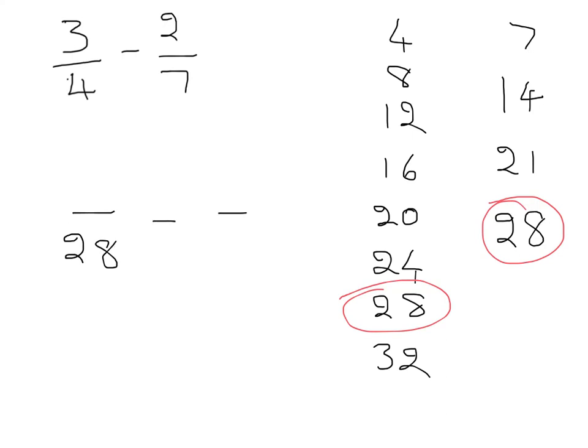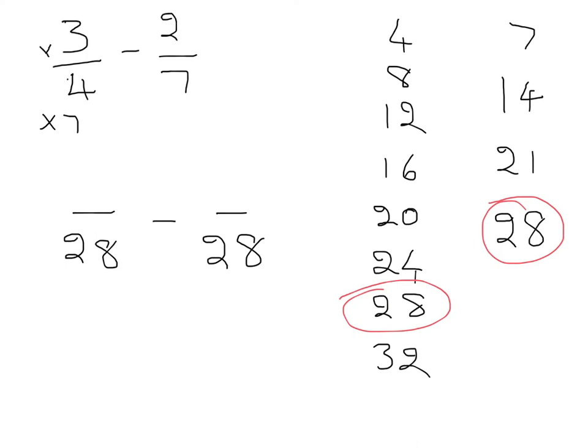Now we need to change our top numbers. So how did we get from 4 to 28? What did we multiply by? We multiplied by 7. So we need to do the same to the top.